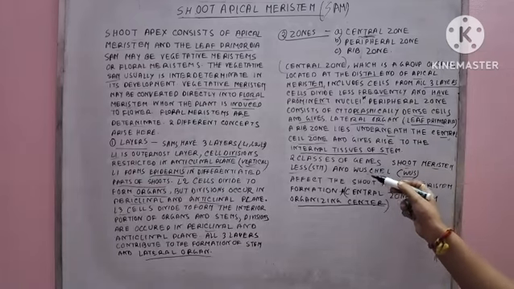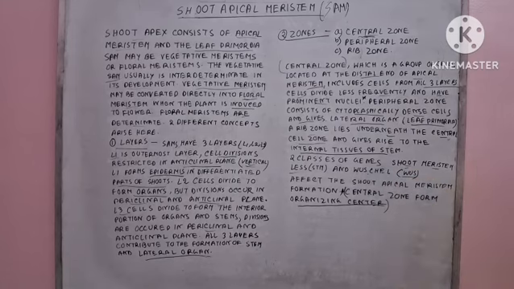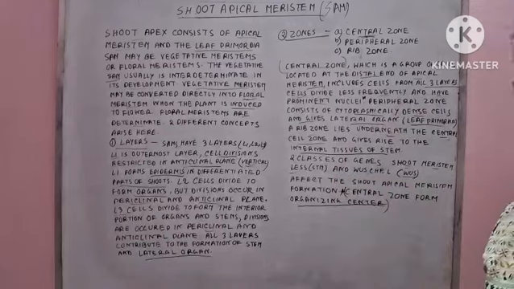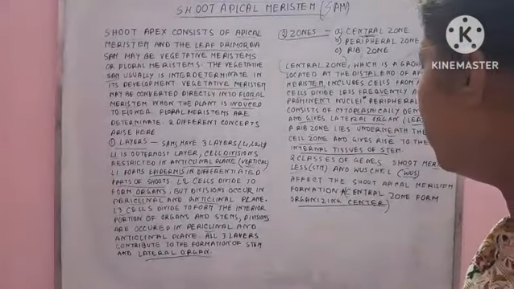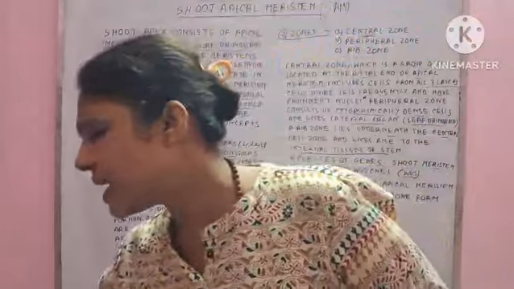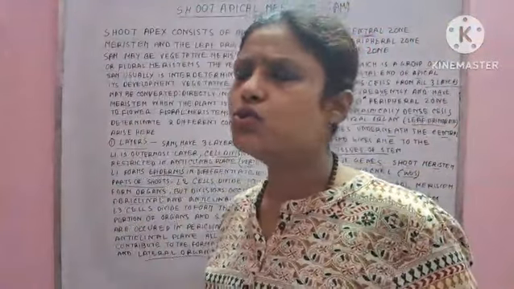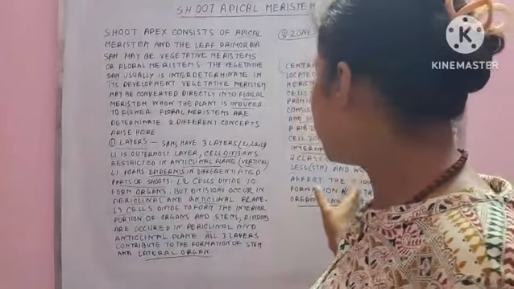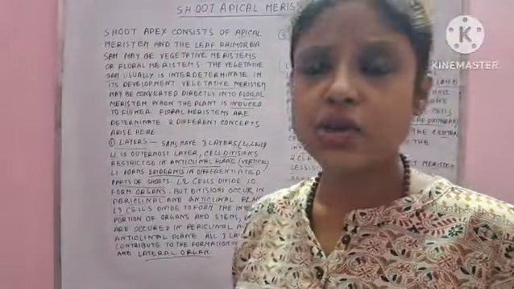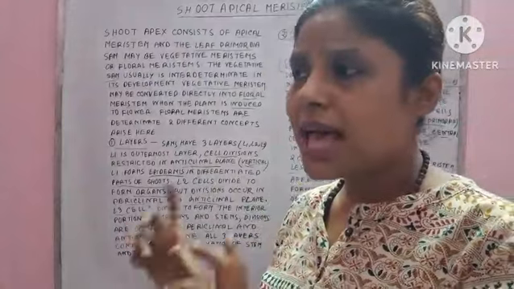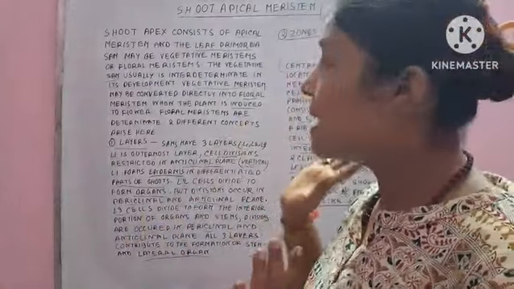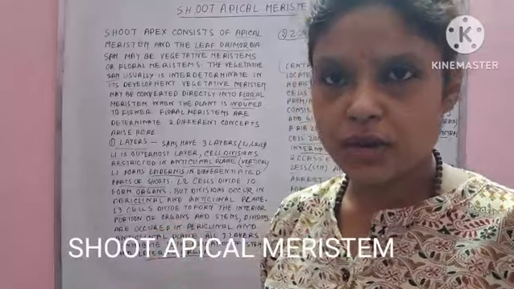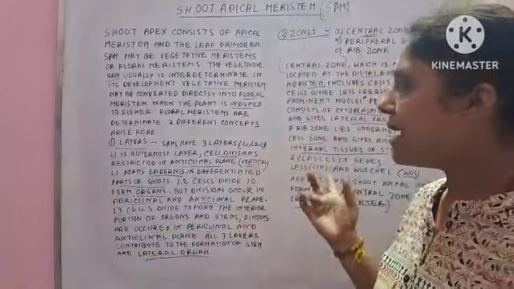So two genes are also involved in the development of the shoot apical meristem. In this video I won't explain the role of these two genes, because it is another topic related to molecular biology. I will explain that in my next video.